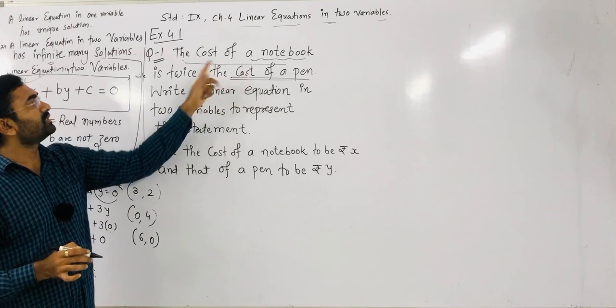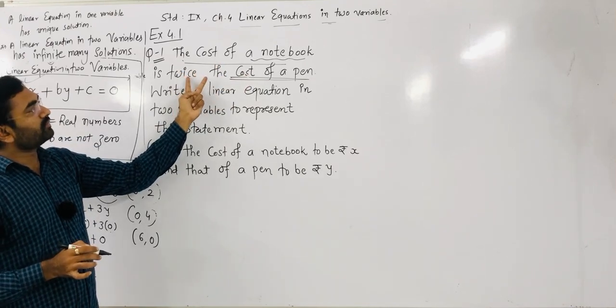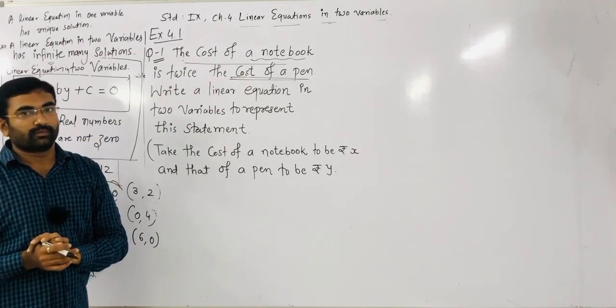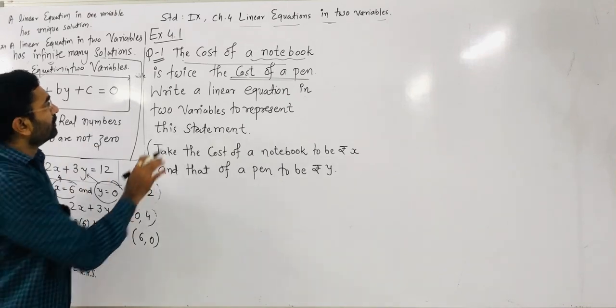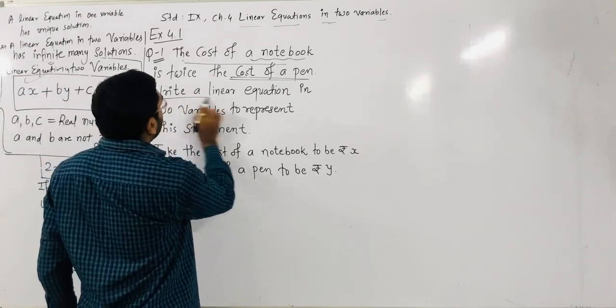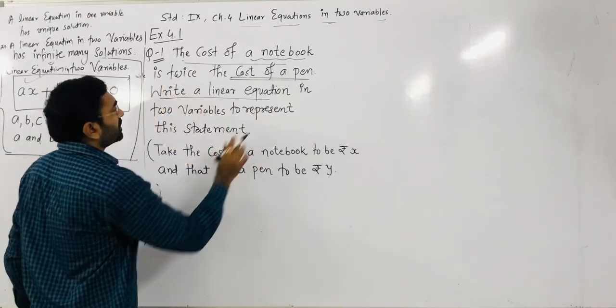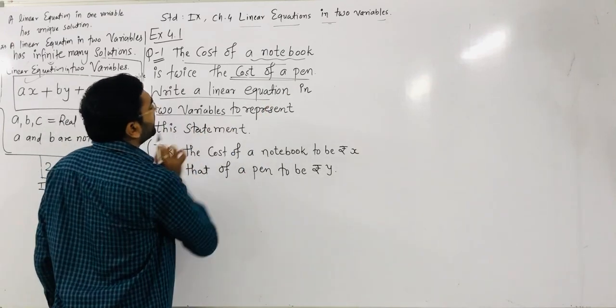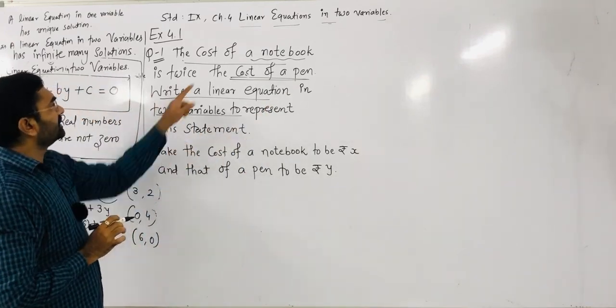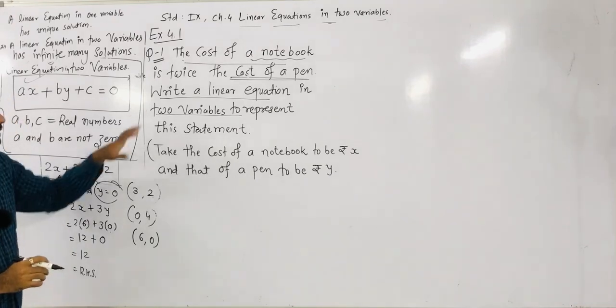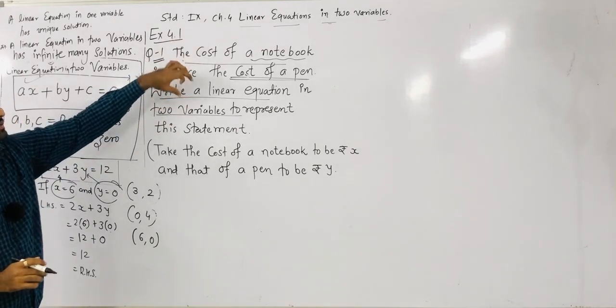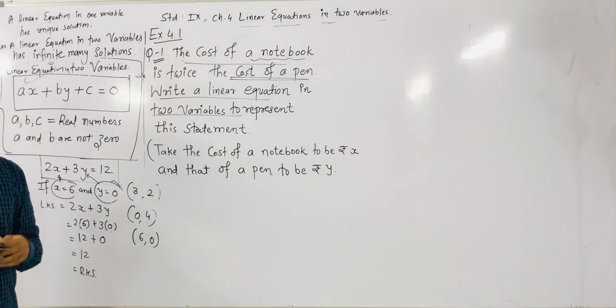So if you take the cost of the pen 2 times, then you get the cost of a notebook. Clear? Now write a linear equation in 2 variables to represent this statement. So we have to make the given statement into a linear equation in 2 variable form.